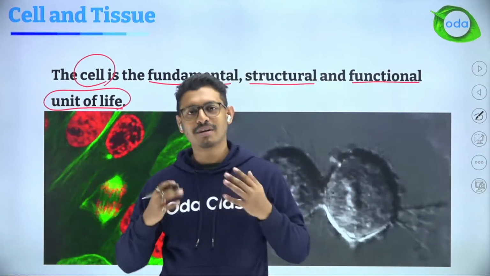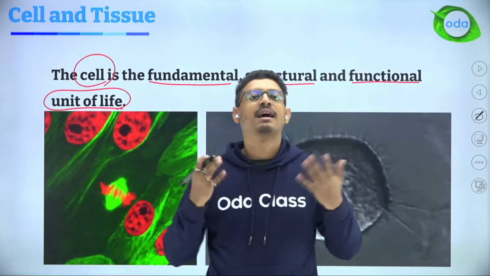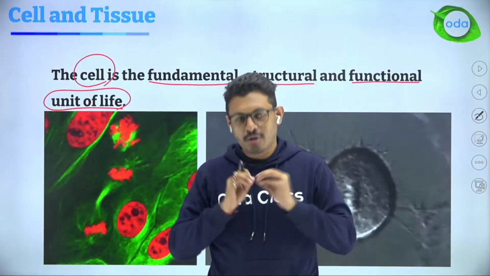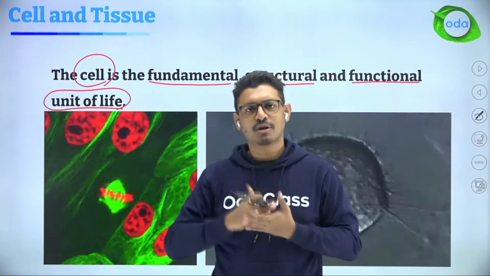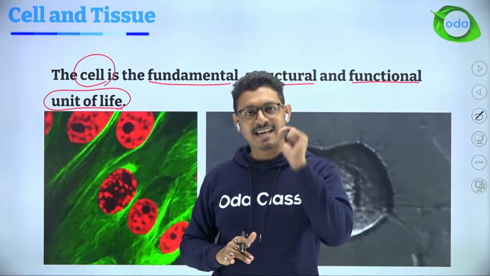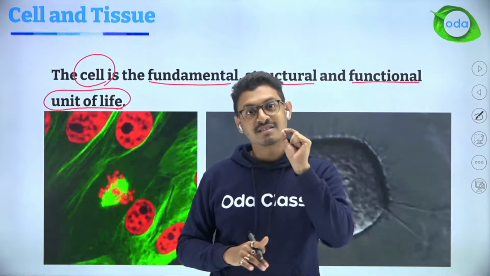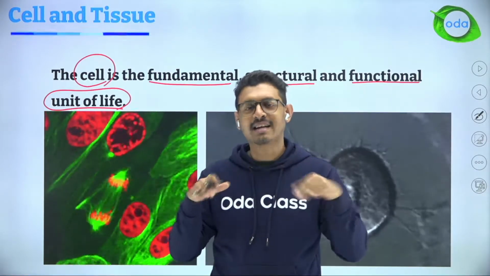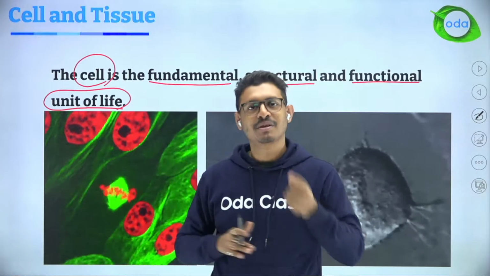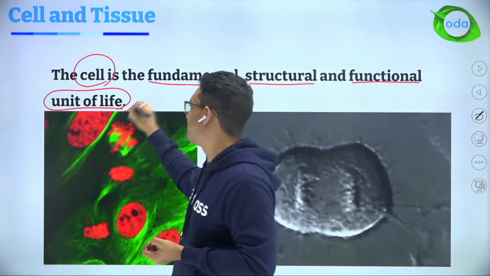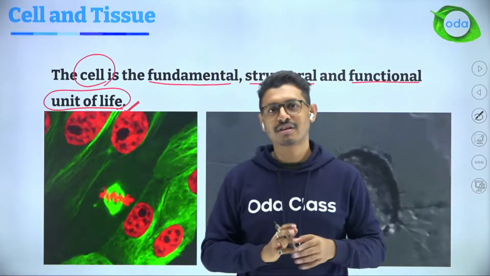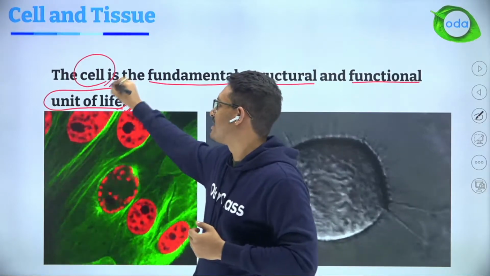Imagine you're breaking down me, chopping and dividing me. Eventually, you will end up with a single unit of myself which is still alive. As soon as you break that, nothing is alive anymore. So that single unit that is still alive for a living organism is called a cell.